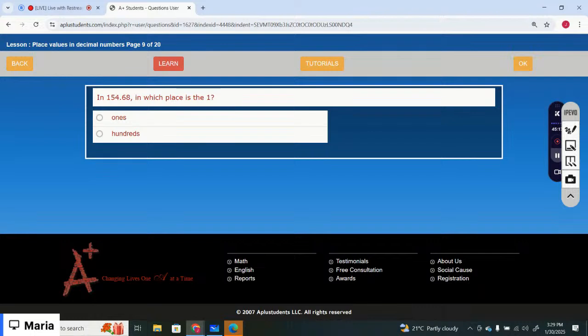In 154.68, in which place is the 1, which is the correct option? 1 is at the hundreds place. The correct option is hundreds.